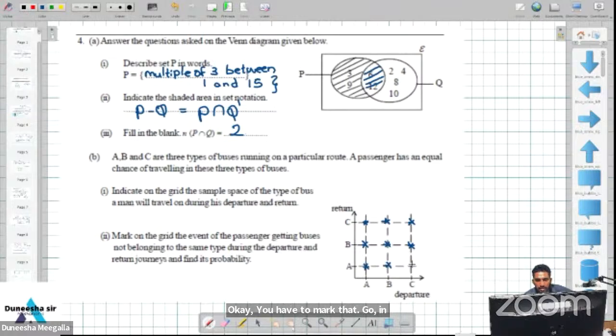Mark on the grid the event of passengers getting buses not belonging to the same type during the departure and return journey. Find the probability.